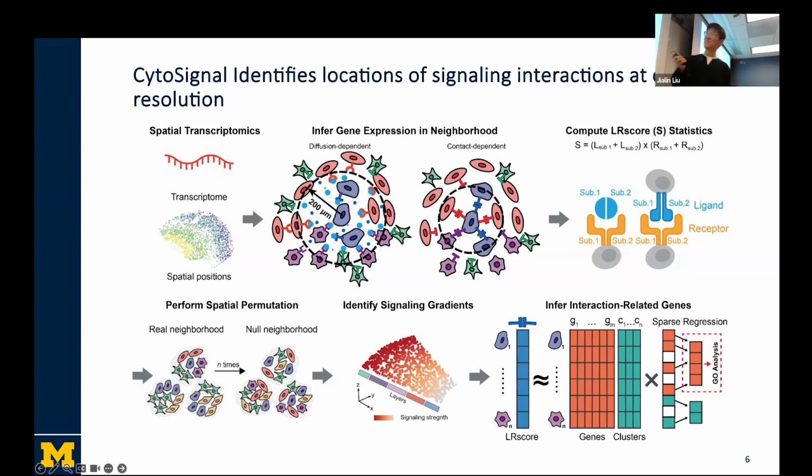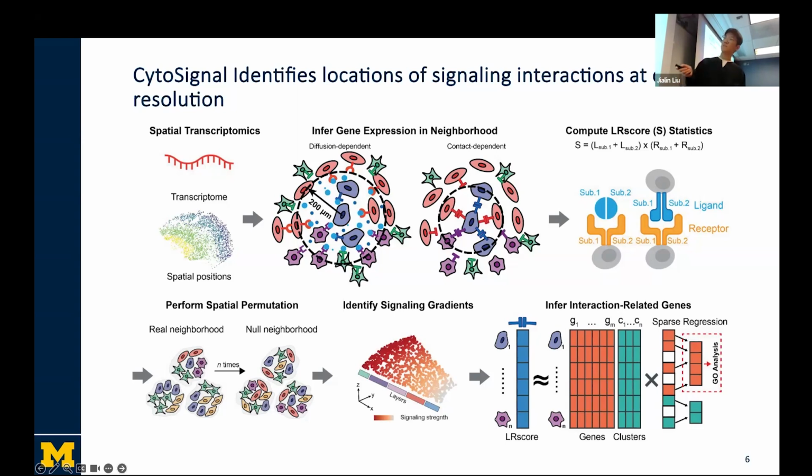So we infer the gene expression in the neighborhood. And since communications are mediated in different ways, we define this spatial neighborhood differently for two classes of signal interactions: contact-dependent interactions and diffusion-dependent interactions.